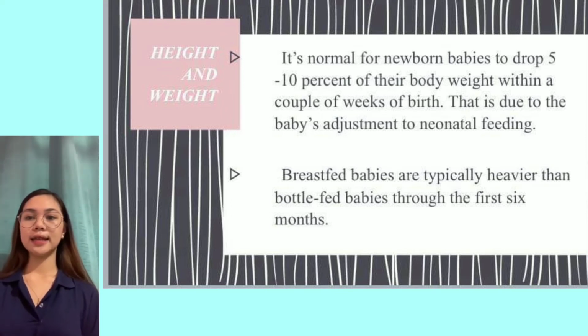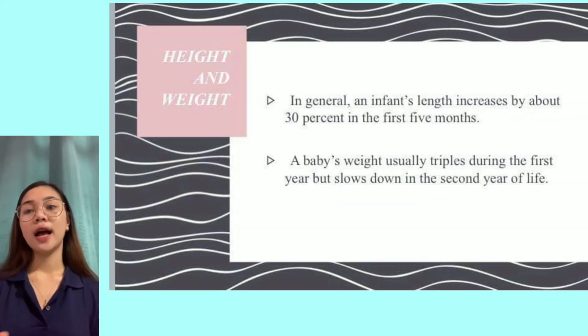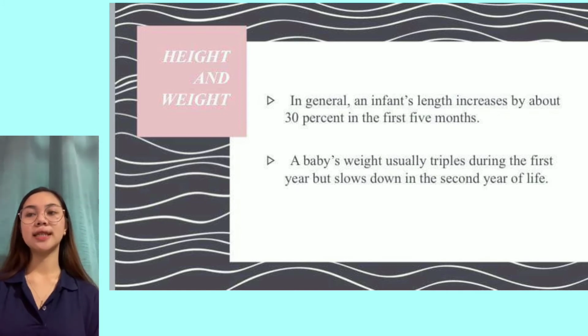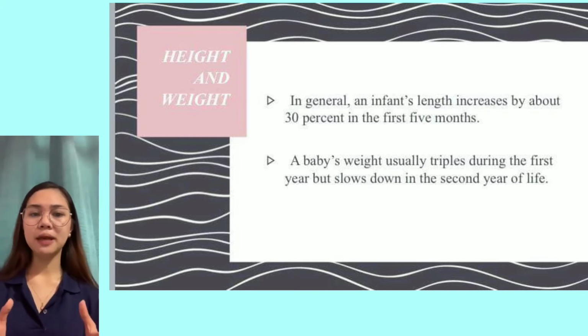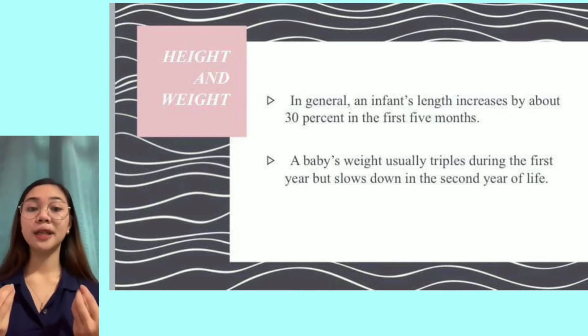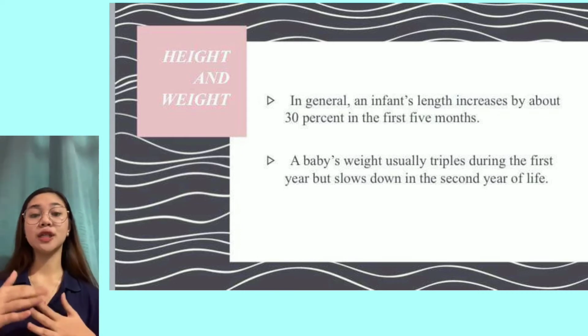Next, in general, an infant's length increases by about 30% in the first 5 months. So the baby grows 30% in the first 5 months.